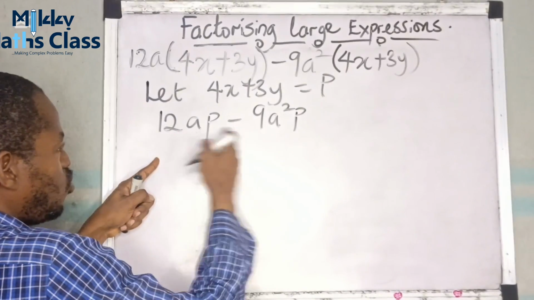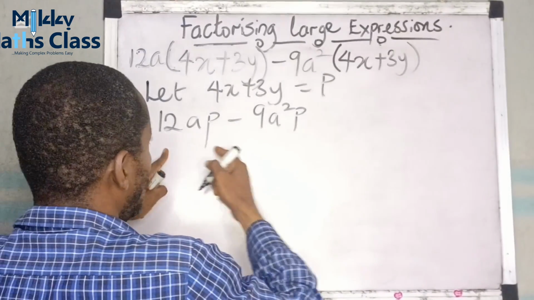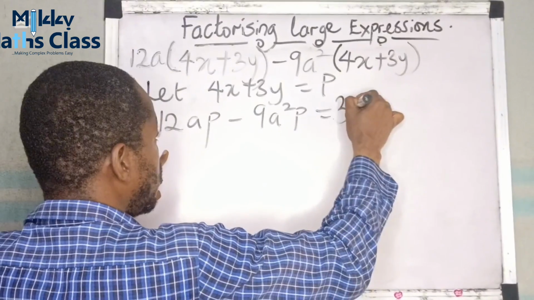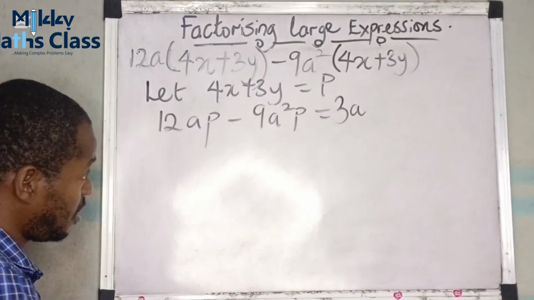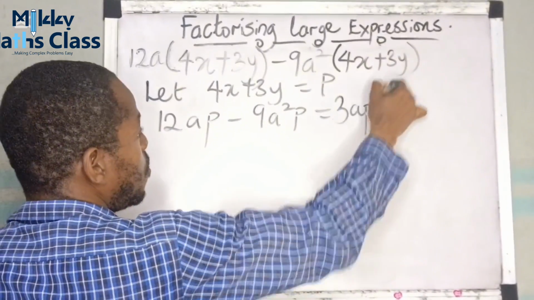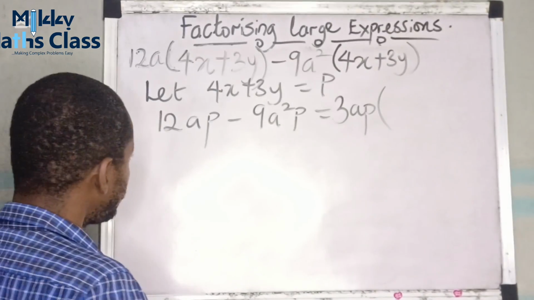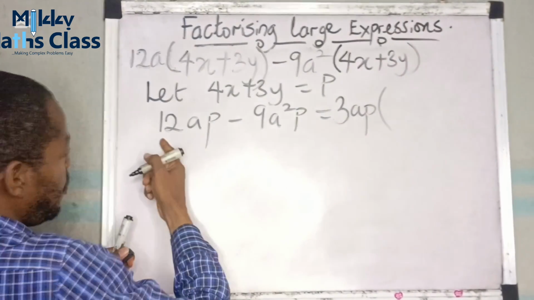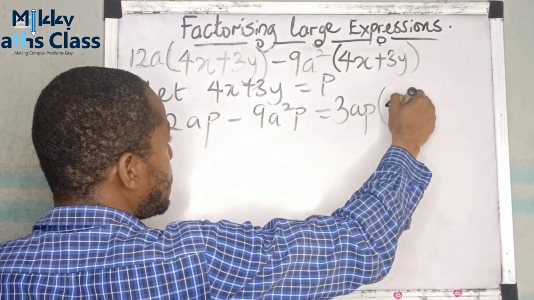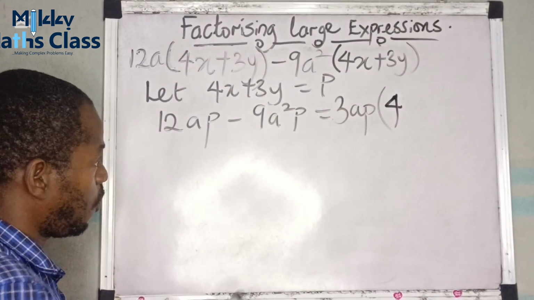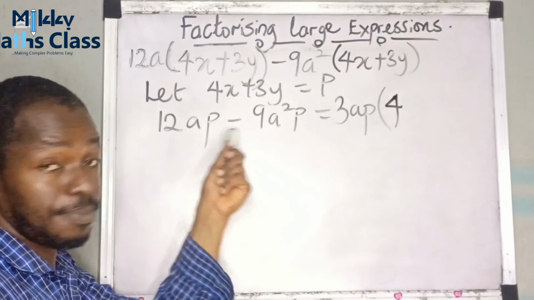Now, what is common between these two terms? You have 3a. Okay, I can factor out 3ap from these two things. Now, when I remove 3ap from here, I'll be left with 4, because 4 times 3 is 12. This is 12ap.